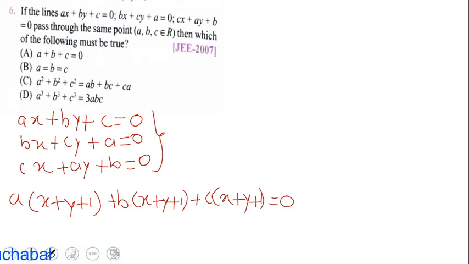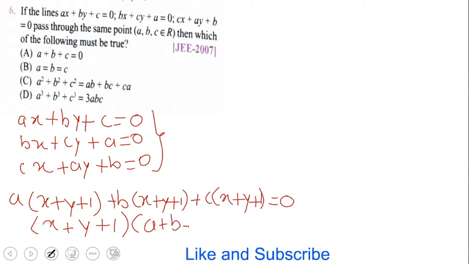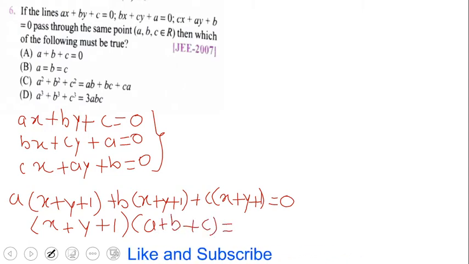Further we take (x plus y plus 1) common, so one bracket is (x plus y plus 1), and the other bracket is (a plus b plus c) equal to 0 here.